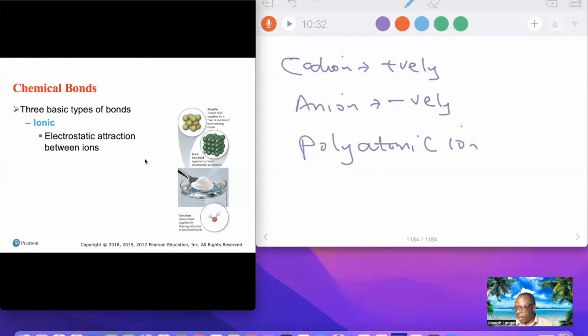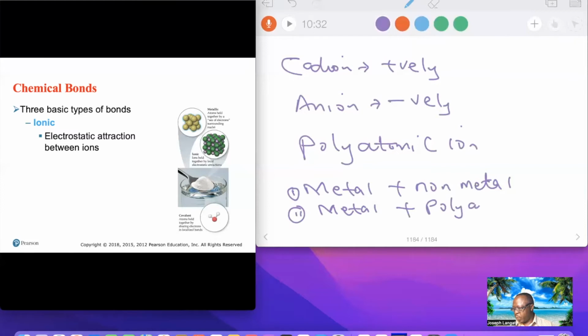Usually we have either metal plus non-metal, or metal plus polyatomic ion. So if I see a compound made up of a metal and a non-metal, I know that it has an ionic bond.